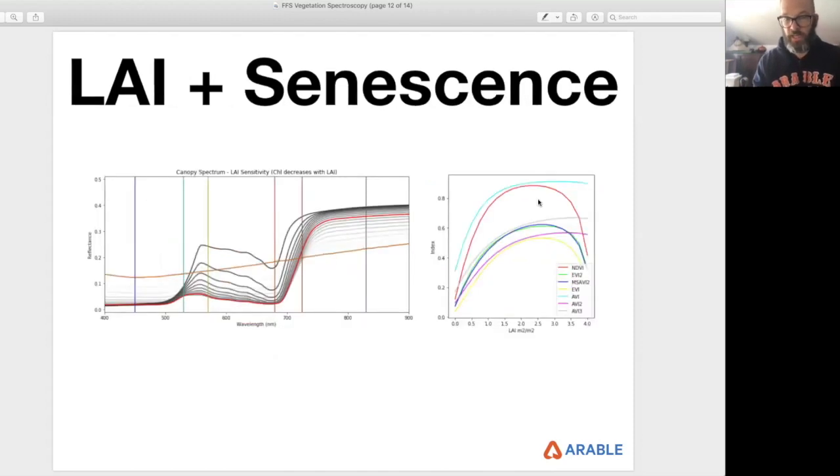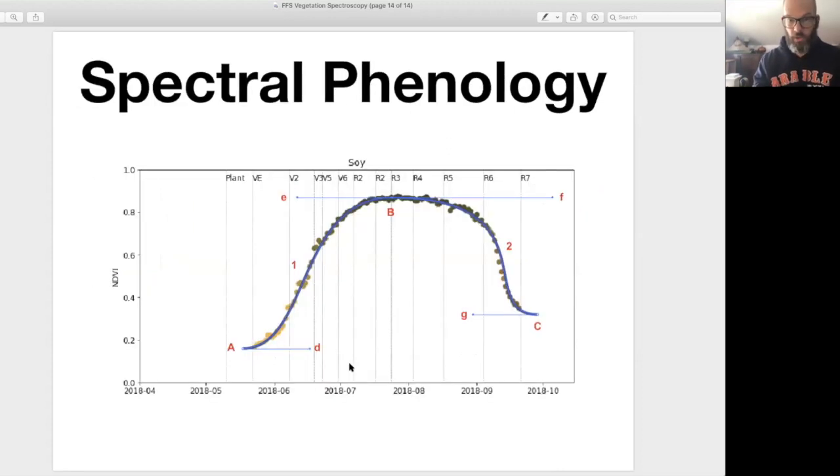And here's this senescence that I was showing you. So here's a simulation where we're showing the leaf area is increasing while the chlorophyll is decreasing. So if we go to this part of the curve, it's the second half, you know, the growth phase, it's increasing in chlorophyll and leaf area.